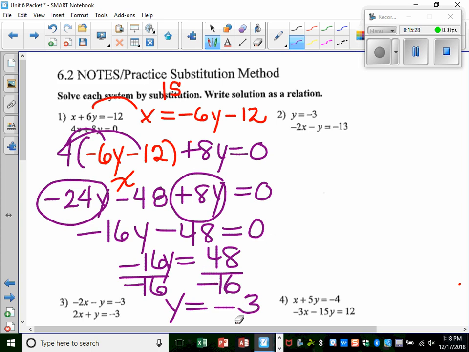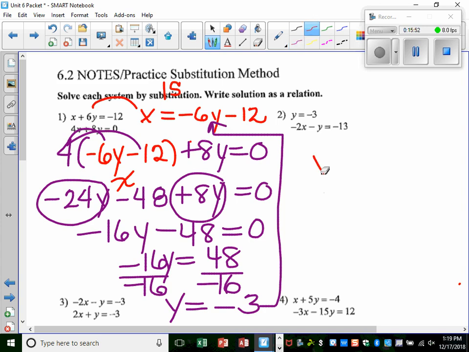What does step 4 tell you to do? Very good. It says take this answer from step 3 and substitute it back into step 1. Remember, this was step 1 right here. So we're going to take this answer, substitute it in for y in step 1, and then we will have our x.